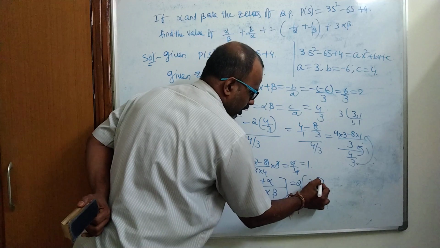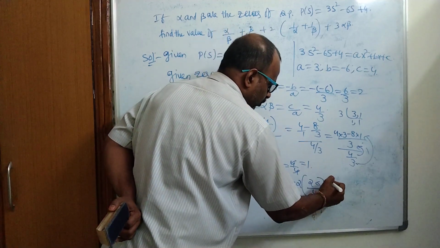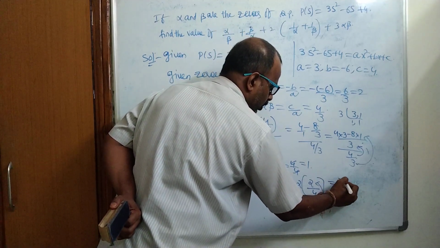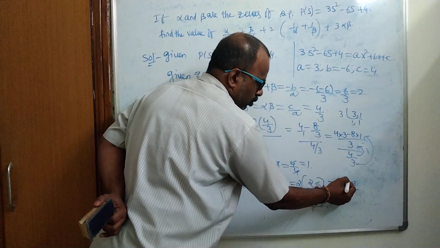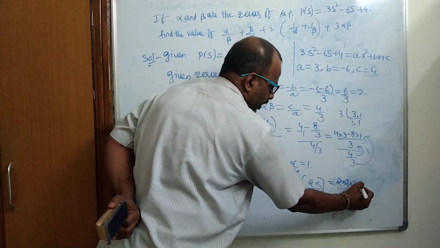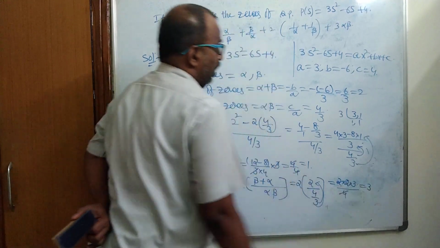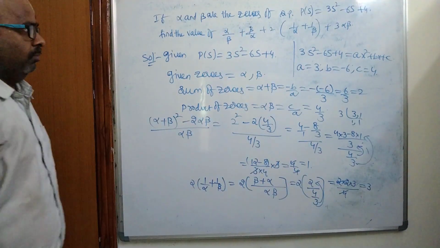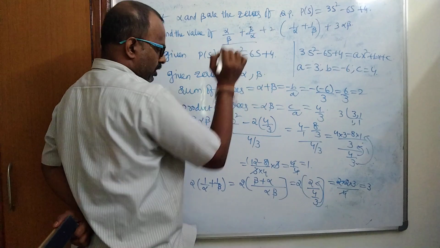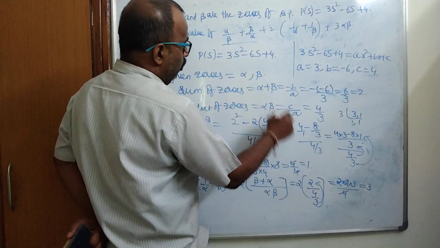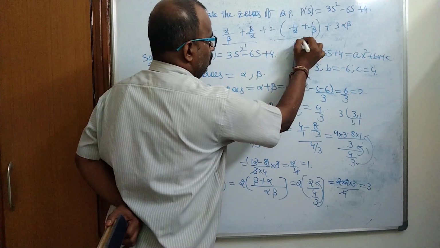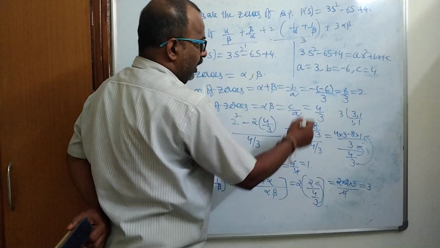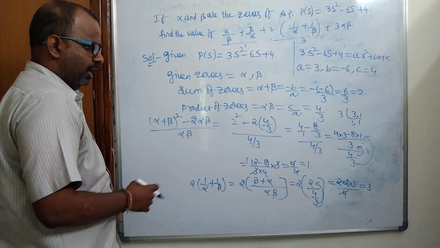So we take this 3 to the numerator. What do we get? 2 into 3 by 4. 2 twos are 4 and this 4 will get cancelled. So it is 3. So this first value is 1 and this value is 3, and 3 into alpha beta we will get on substituting.